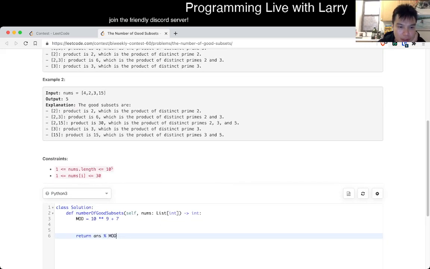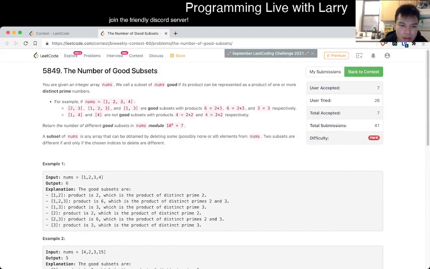Okay, so the length is 10 to the 5th, but the numbers are only up to 30. So this is an interesting one. If its product can be represented as a product of one or more distinct prime numbers.